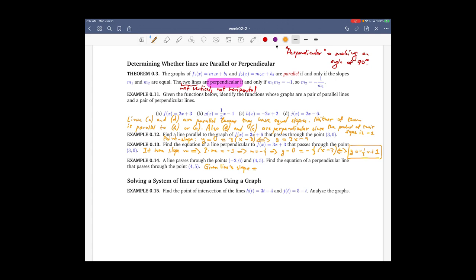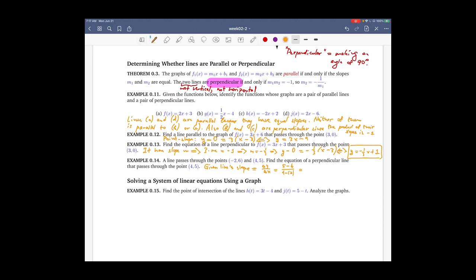Remember, slope is rise over run, delta y over delta x. And in our situation, that's 5 minus 6 over 4 minus negative 2.